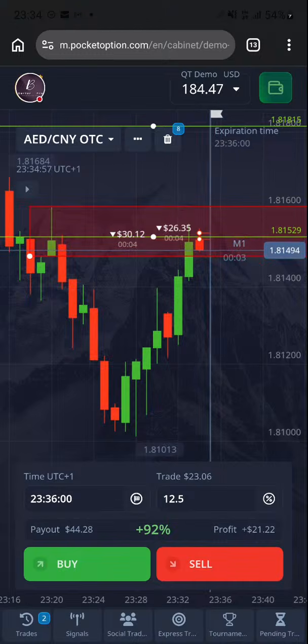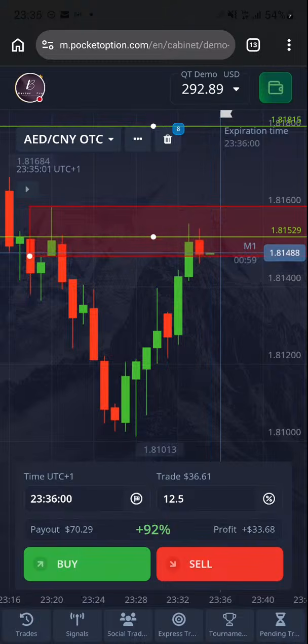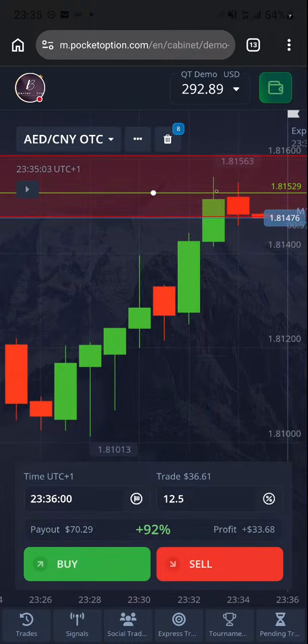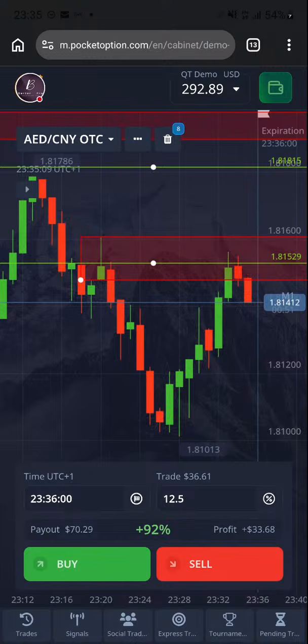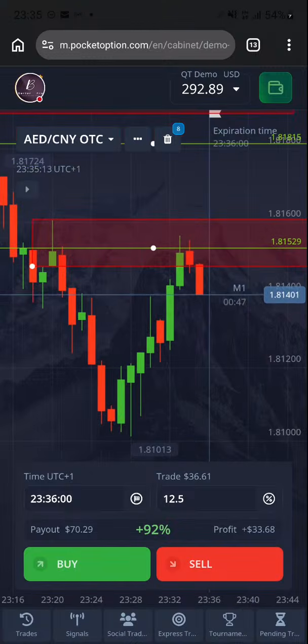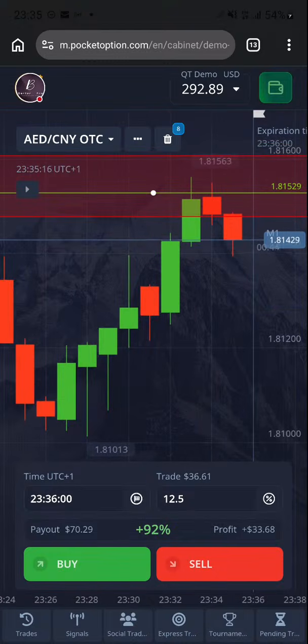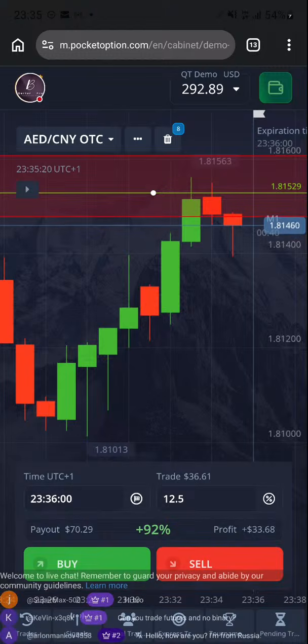So I marked this level knowing that it's a supply area, but I didn't think much of it until I saw this market close inside. Then immediately I saw this gap up also, and you can see it's almost like a fake breakout, but it's not actually. The reason why I took this trade is because of this pattern. We have this 3-bar up pattern. This red, green, green pattern is a 3-bar up pattern.